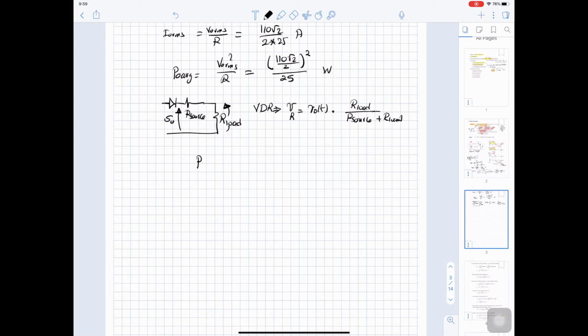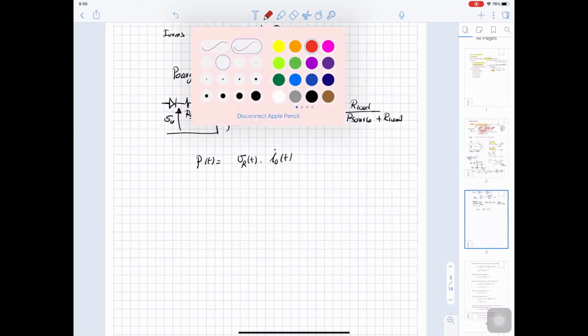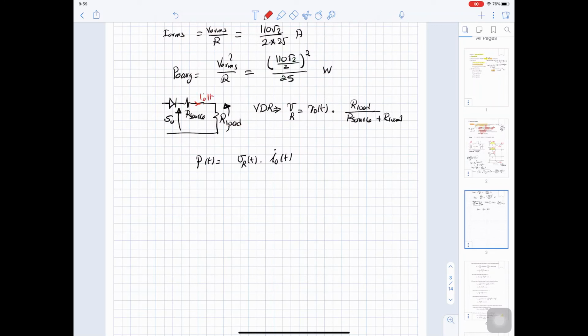So the power P as a function of time will be V of the resistance multiplied by I out. Why? Because I out is the same current in both resistances, because both resistances are connected in series.